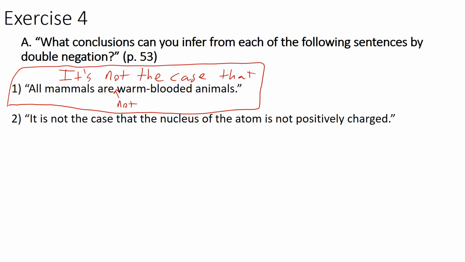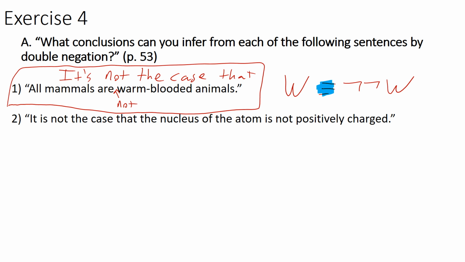It has the same meaning underlying it, because W is equivalent to not not W. These three bars mean equivalent to. So W is equivalent to not not W.